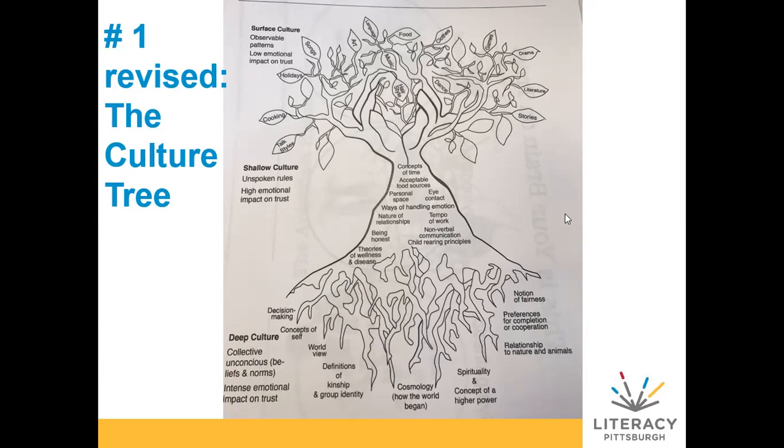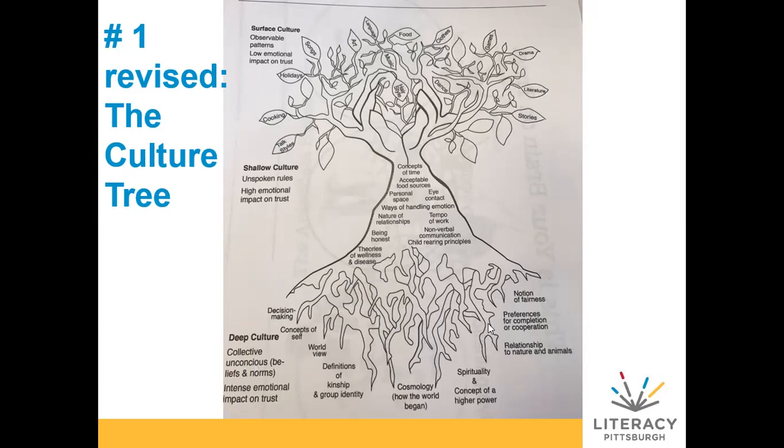And the nice thing about this culture tree model, as opposed to the iceberg, is, one, that it shows how all these different levels of culture are connected, and that it can move both ways. You have outside influences, the tree taking in sunlight and the roots taking in water and nourishment from the soil.